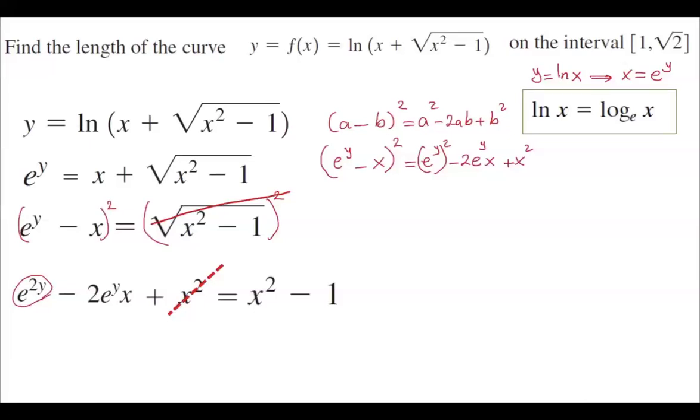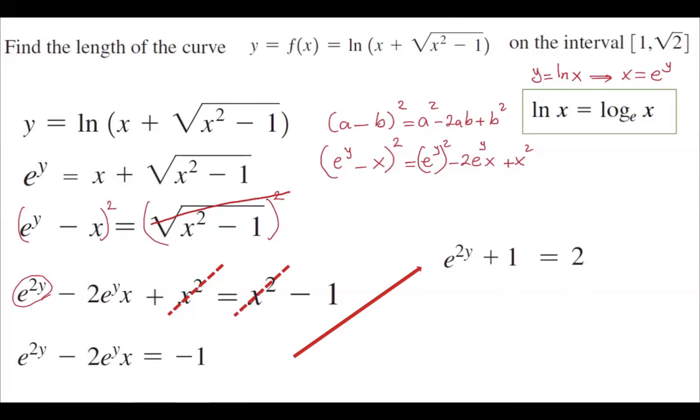Now, x squared and x squared on both sides get cancelled out. So e to power 2y minus 2 e to power y times x is negative 1. In turn, you can write this as e to power 2y plus 1 equals 2 e to power y times x.